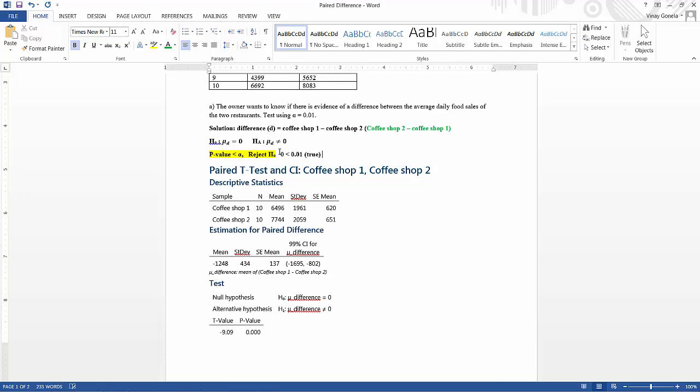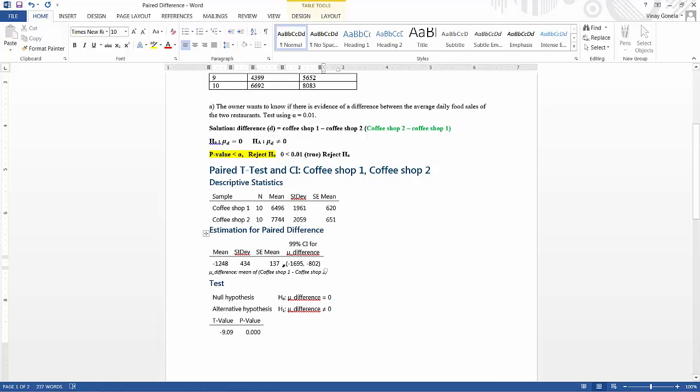That means we will reject H null. So that means for our alternative, we have sufficient evidence to say that both are not equal.